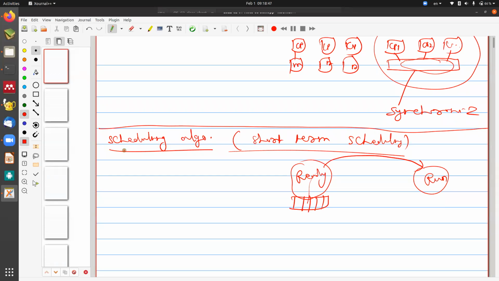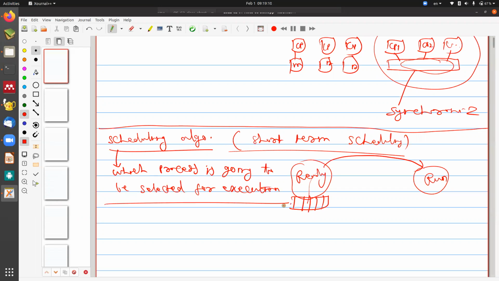That's why this scheduling algorithm basically says which process is going to be selected for execution. So which process you have to select so that it will go for execution.